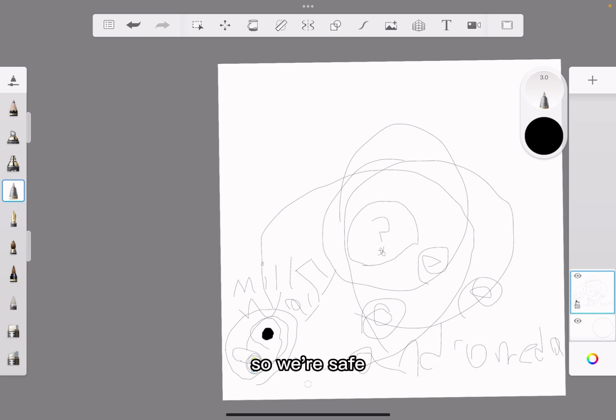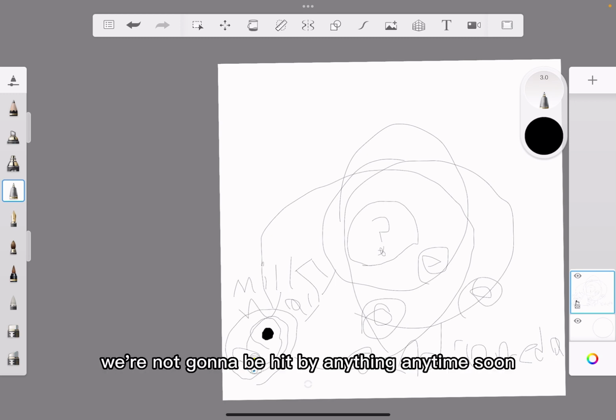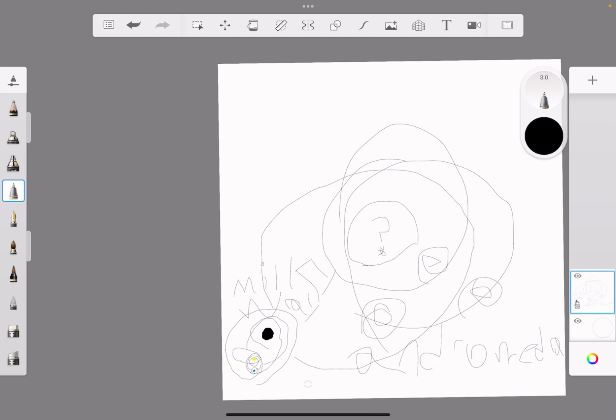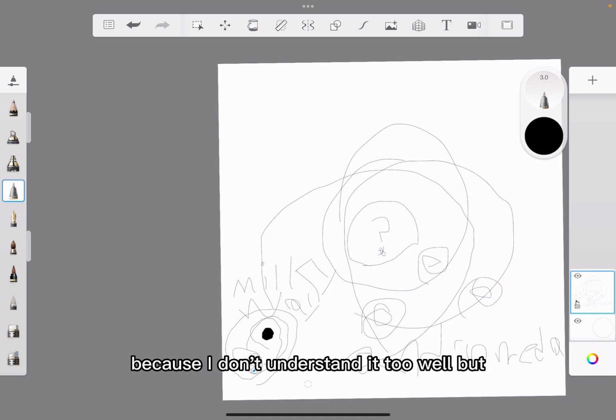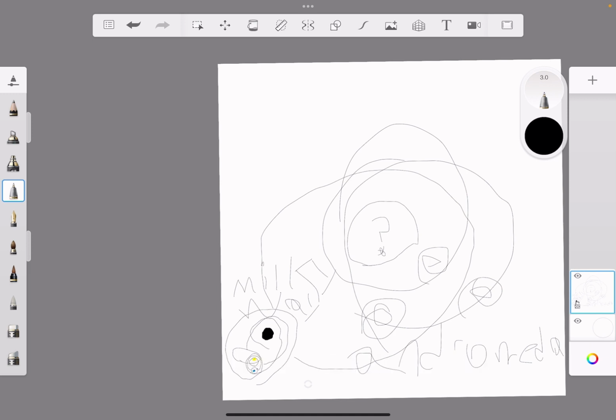So we're safe. We're not going to be hit by anything anytime soon. It is going to take a couple billion years for them to fully collide, but I don't really know how to explain it because I don't understand it too well. They're colliding is all I was going to say.